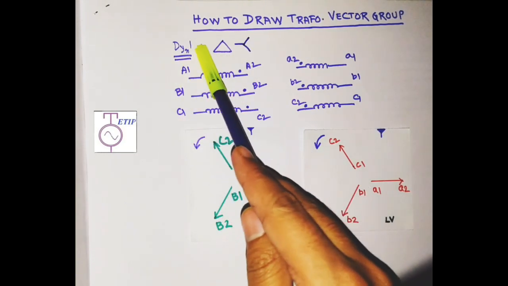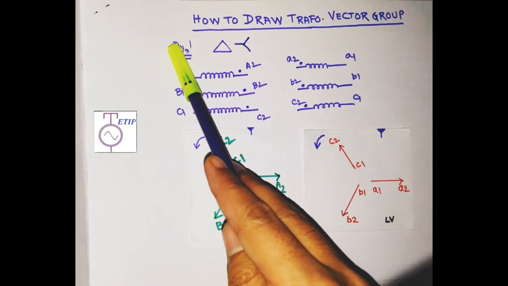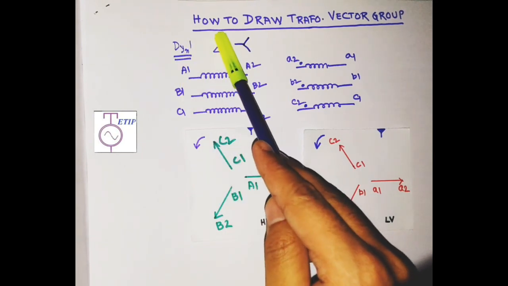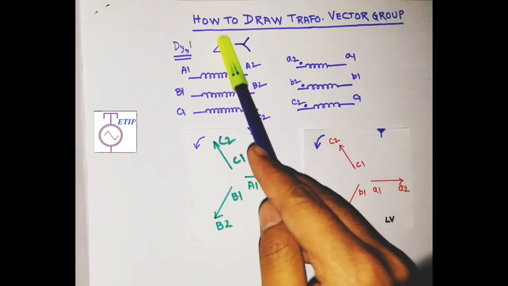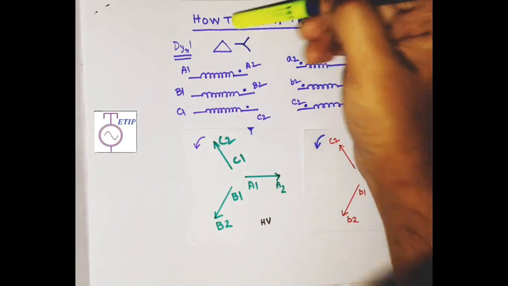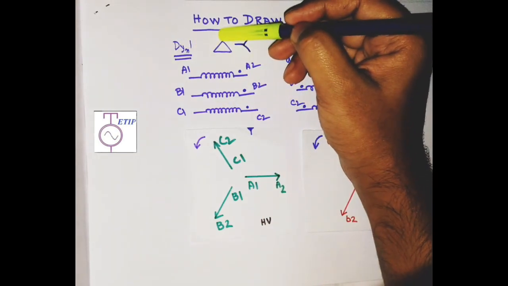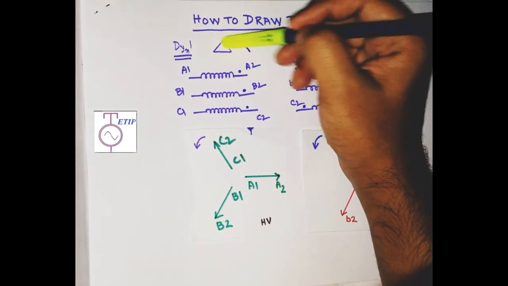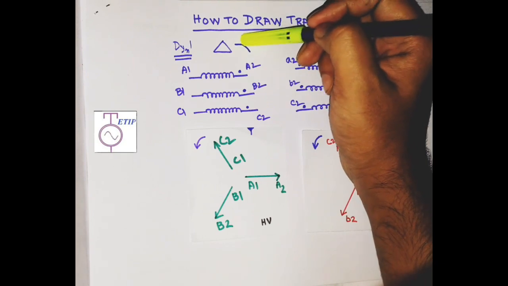That is, dyn1 means the high voltage winding is delta, and this will always be at 12 o'clock position. See, our delta winding top terminal is fixed at 12 o'clock and the star winding is at 1 o'clock position.